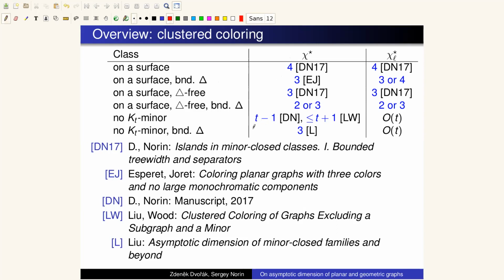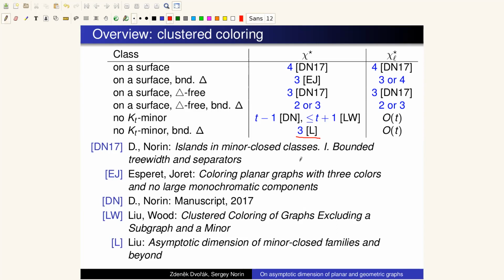And this holds in much greater generality: even if you just take a class of graphs that forbid any fixed minor and bound the maximum degree, then 3 colors will suffice.